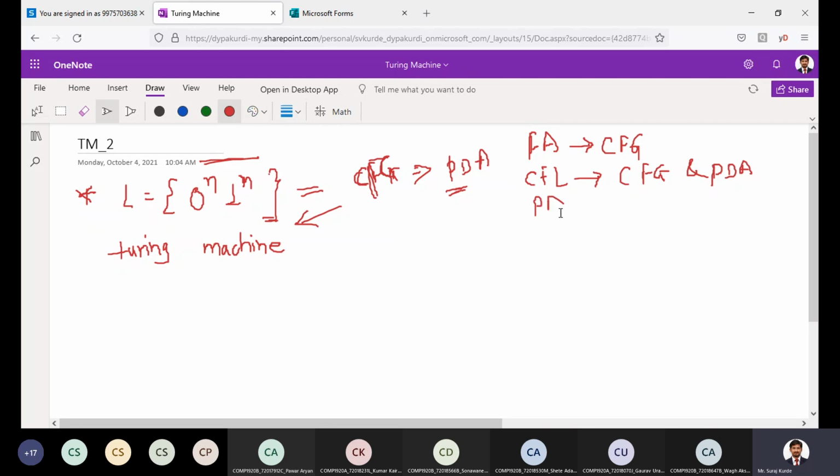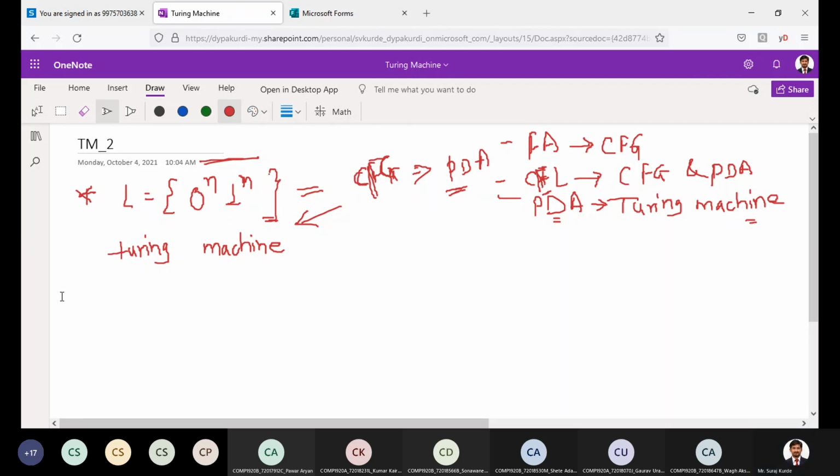Now for languages beyond CFG and PDA, we have to design a Turing machine, and it will accept any type of language. So it is a universal machine or universal automata. Languages which are not accepted by PDA are also accepted by Turing machine. We will see those examples. First, we will understand Turing machine with the help of examples which we have solved earlier.